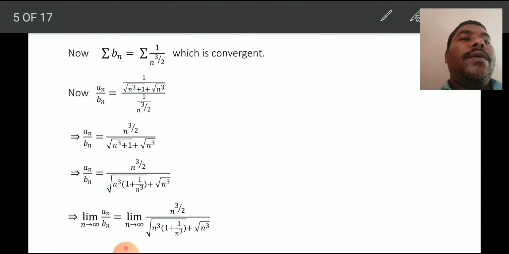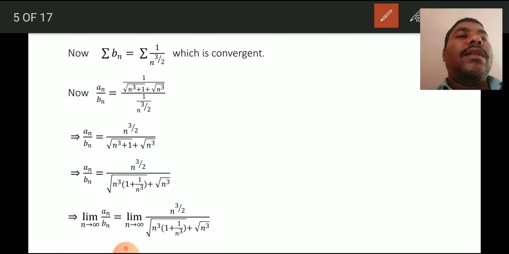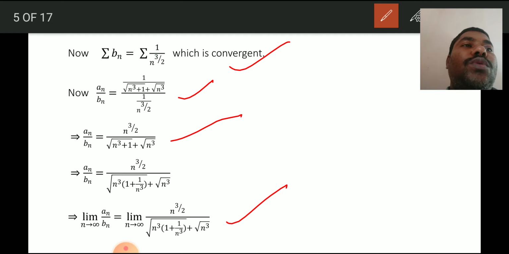Here bn is equal to 1 by n raised to 3 by 2. So 3 by 2 is greater than 1, therefore the series is convergent. Now an by bn is equal to 1 by (square root of n cube plus 1 plus square root of n cube) divided by 1 by n raised to 3 by 2. So here n raised to 3 by 2 goes to the numerator, so we get this term, and apply the limit on both sides as n tends to infinity.